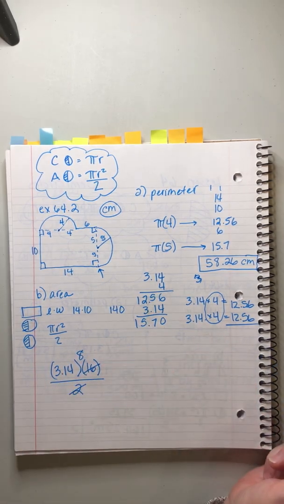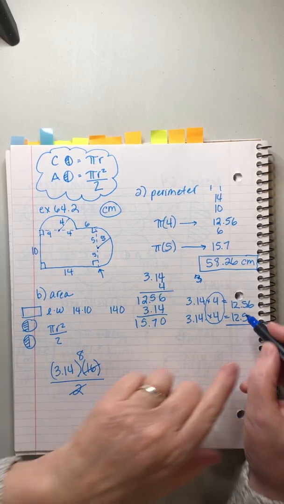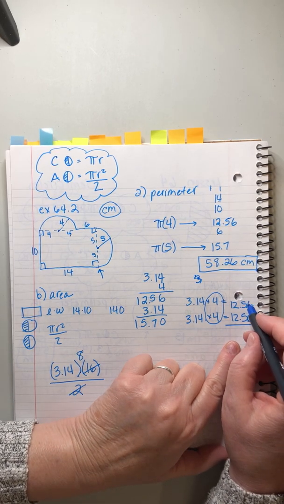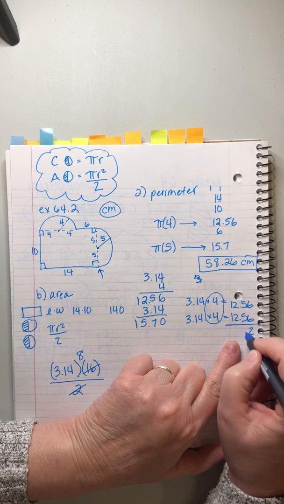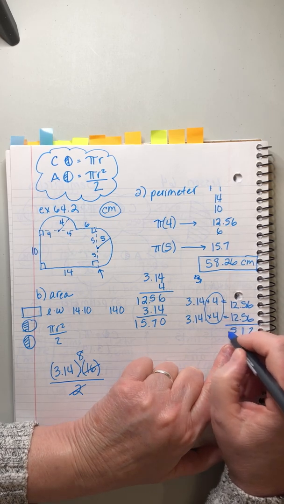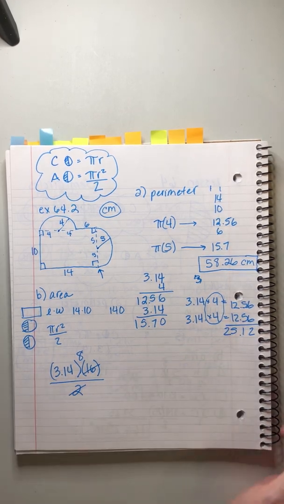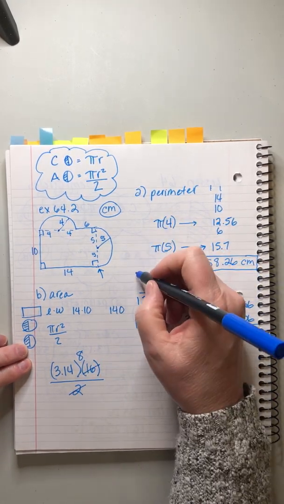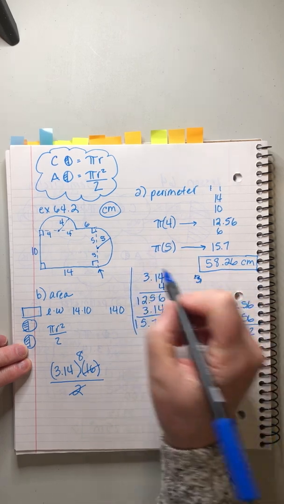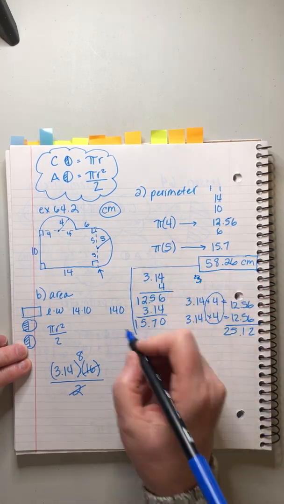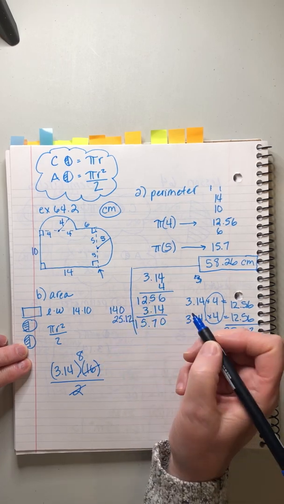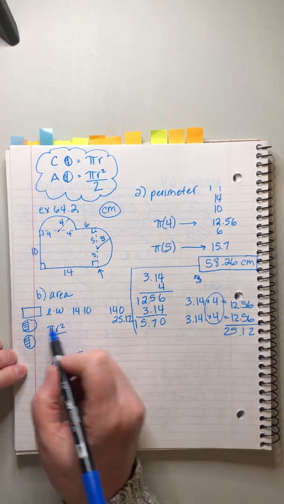Does that make sense? Or at least it feels kind of easy to me. So this is 3.14 times 8, 25.12. Here's what I'm going to do. I'm going to draw a little box around this because this is my workplace. 25.12. That's for the first one.